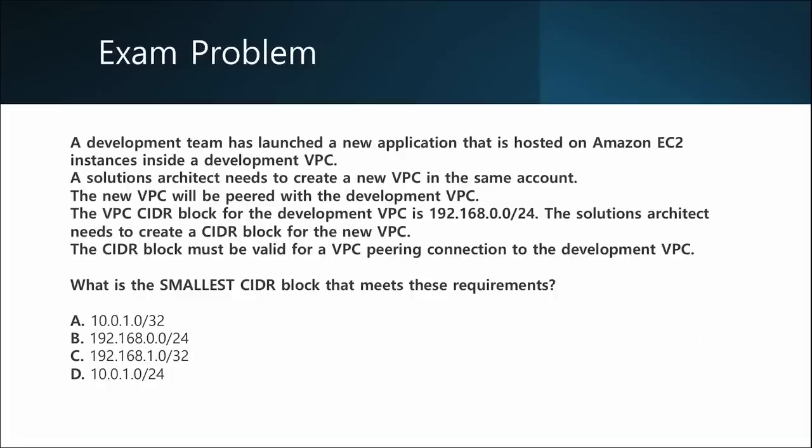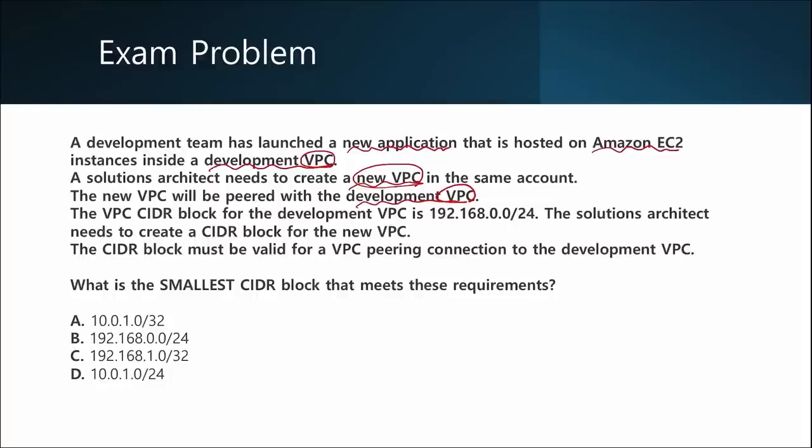Let's try solving practice problems. A development team has launched a new application that is hosted on Amazon EC2 instances inside a development VPC. A solutions architect needs to create a new VPC in the same account. The new VPC will be paired with the development VPC.